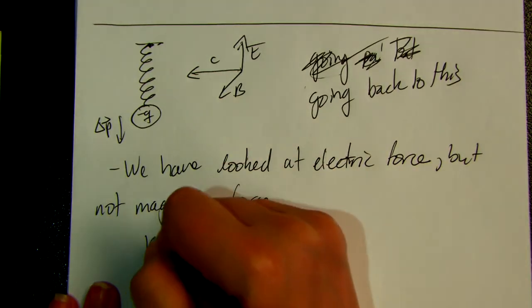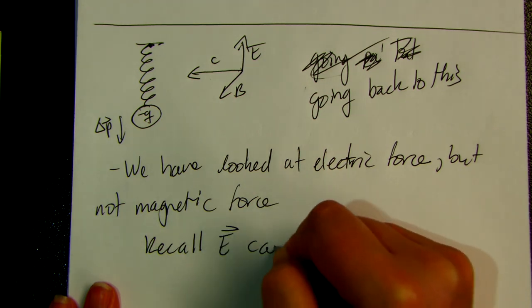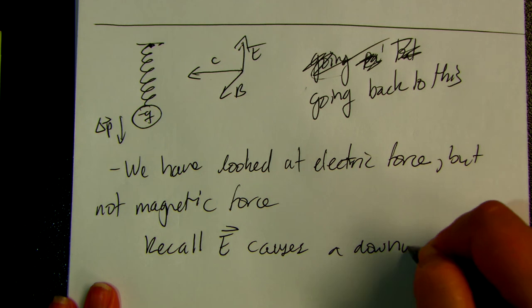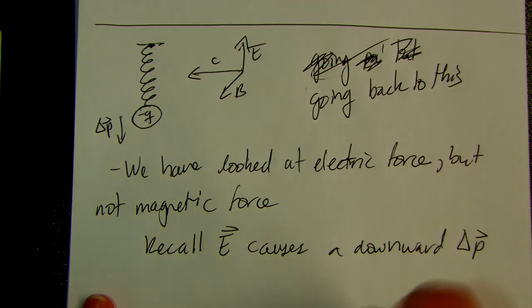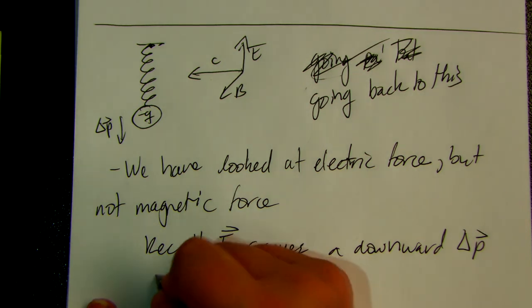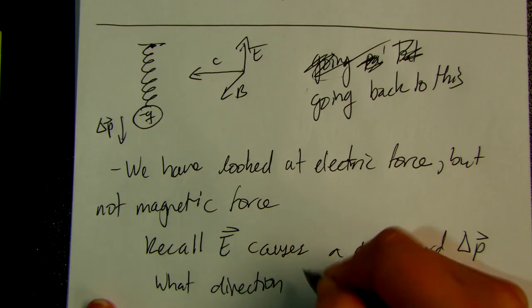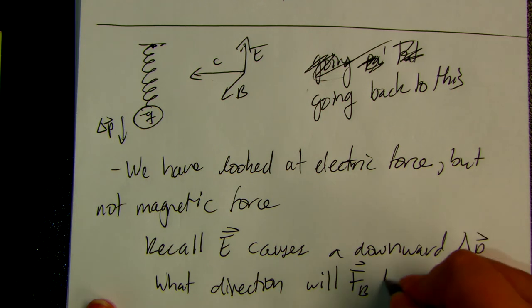So we know that our E field causes a downward delta P, or a downward momentum. So what direction will the magnetic force be in?